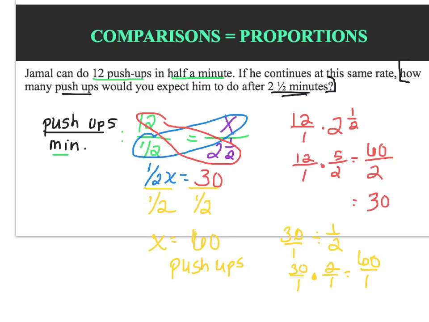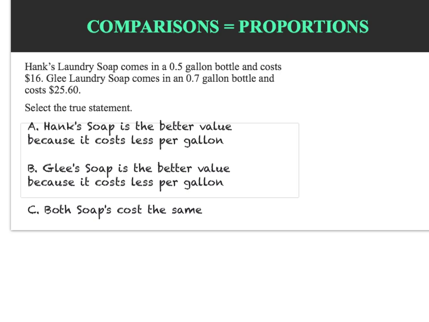Read number 2, solve, and then determine which is the best answer. So my answer choices are talking about better values and better buys. And so from before we learned how to do better buys is to compare our unit rate.